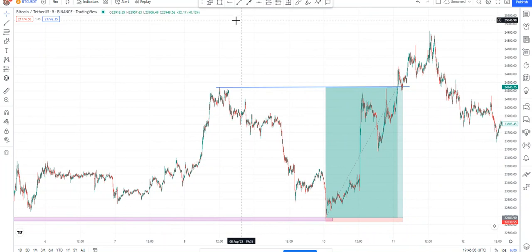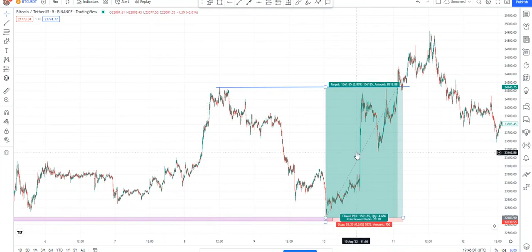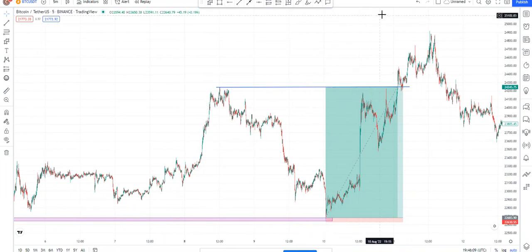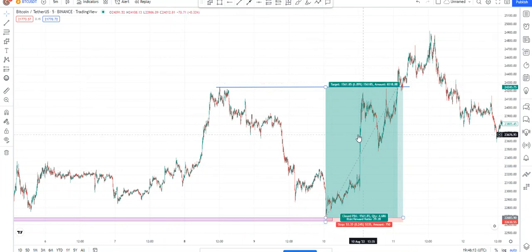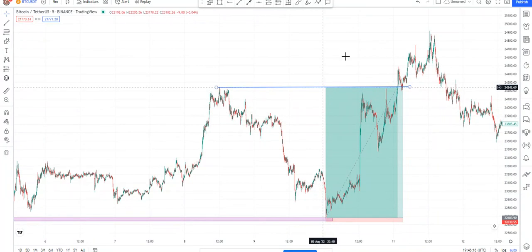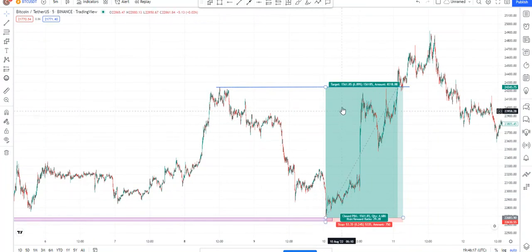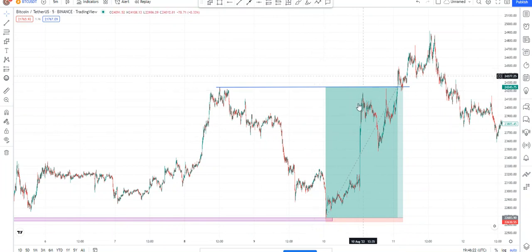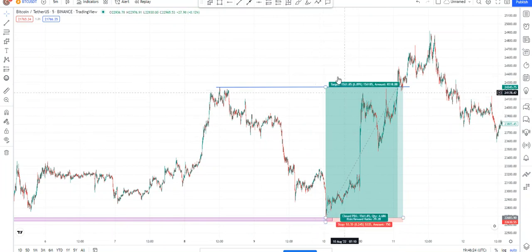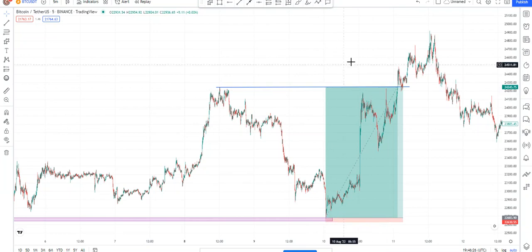So the account size is $100. If you risk 1% of $100, we are risking only $1 on this trade. What we'll get from this trade is more than $29. If you risk something like $10 on this trade, you'll be getting $290.